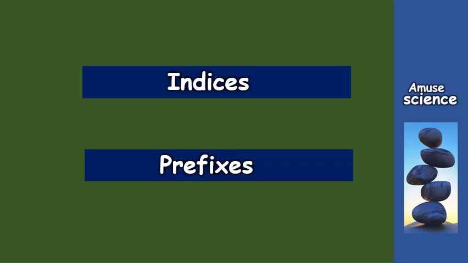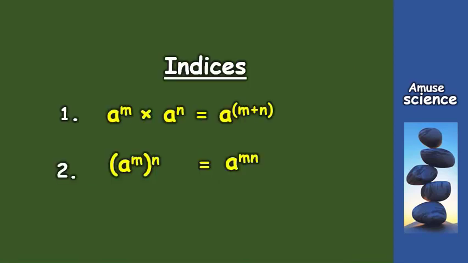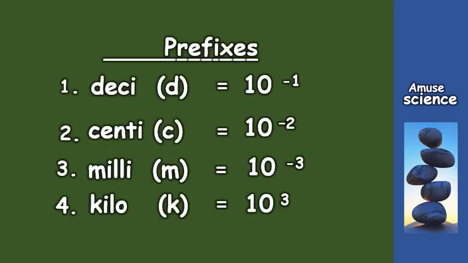And so with indices, we are going to need only these two laws or properties, the law of multiplication and the law of multiplying a power by an exponent. And since we have gone through this already, let us go to the prefixes. For the prefixes also, we are going to need all the four that we used under the first tutorial.